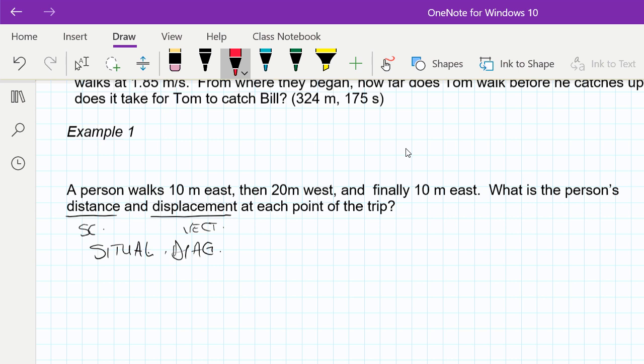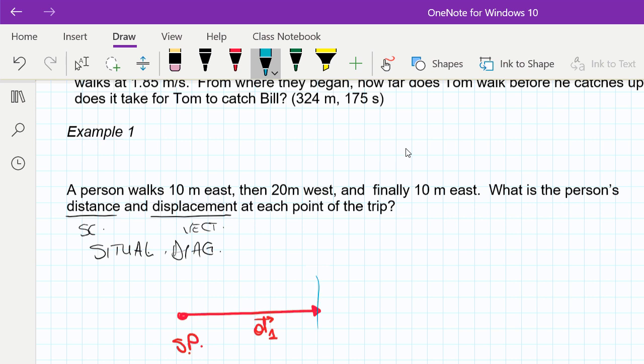So I will draw the situational diagram. This is the starting point. So this is where it starts, and it is moving 10 meters east. So this is the first part of the motion. Now this is a displacement. Why is it displacement? Because it is telling you the direction.